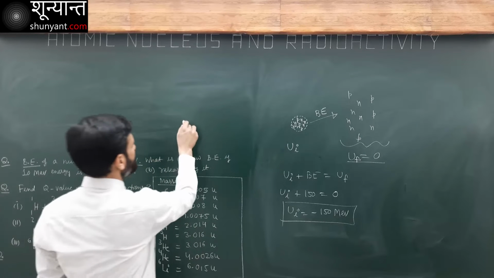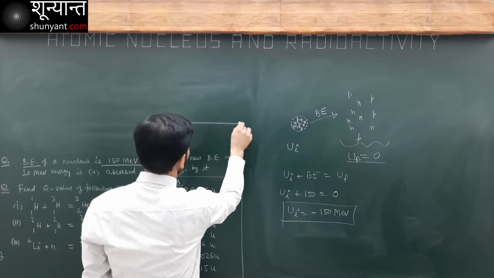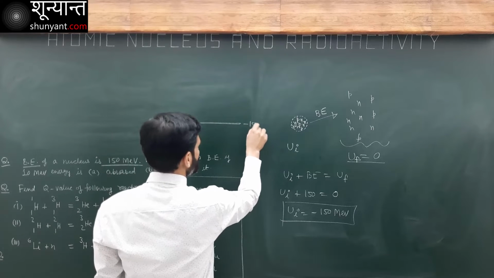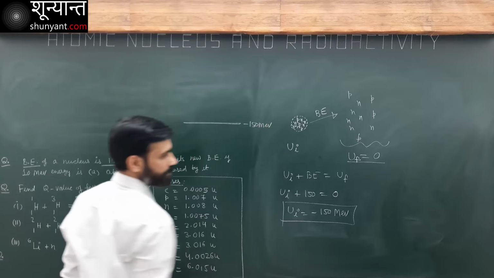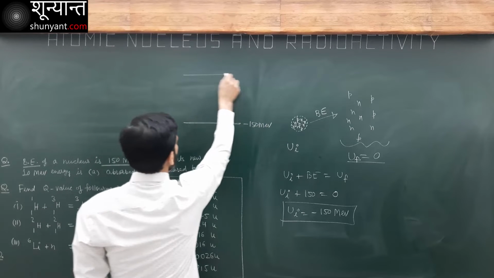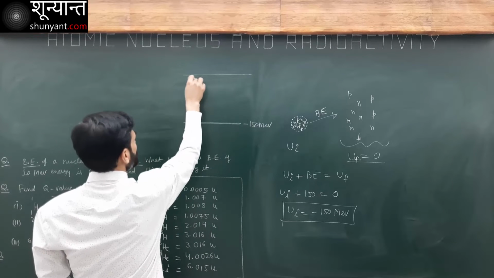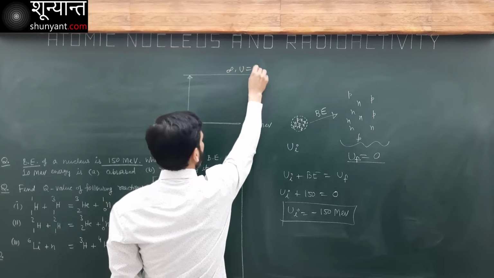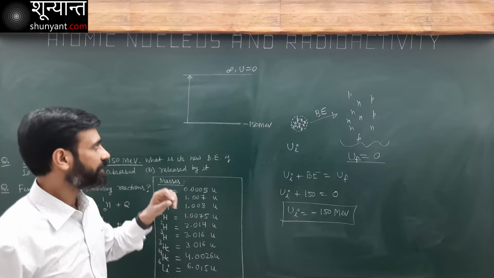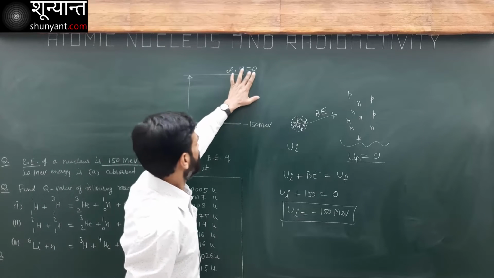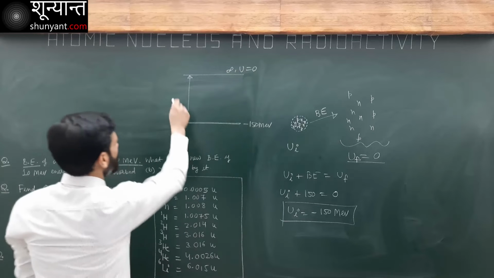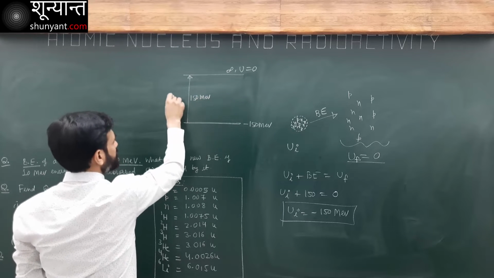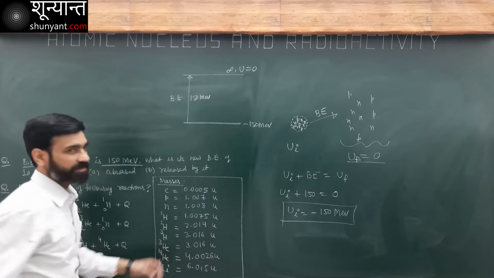That means this is the nucleus, and the energy here is minus 150 mega electron volt. If I want to separate it, energy is 0 at infinity, meaning they are far separated. So I need to provide 150 mega electron volt. This becomes the binding energy.